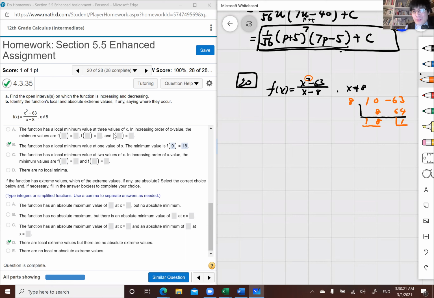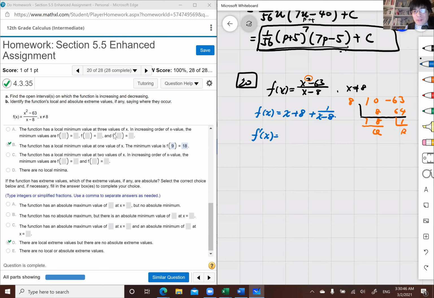So the quotient is x plus 8 and the remainder is 1. So this expression is x plus 8 plus 1 over x minus 8. By rewriting the improper fraction into a mixed fraction, it's easy to differentiate.